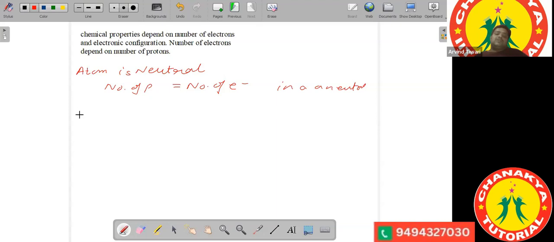Now, these three terms are defined on the basis of the number of protons and the number of neutrons. First one is your atomic number. Atomic number is the number of protons. It is the number of protons present in an atom.